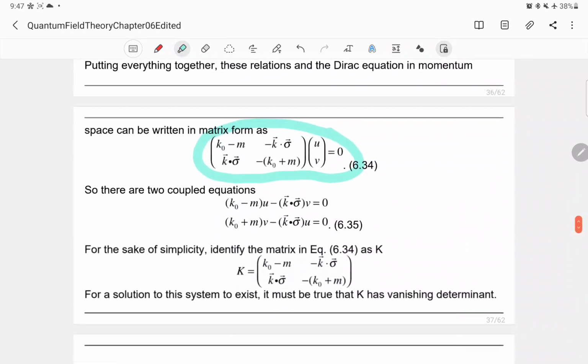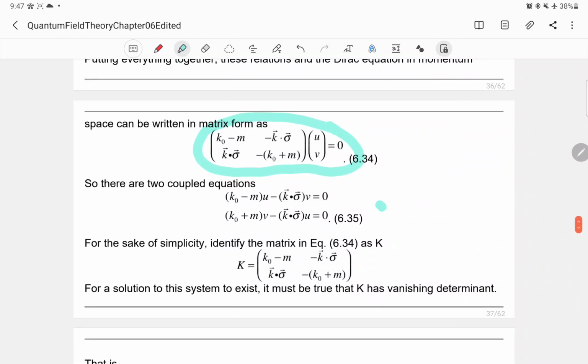These are just equivalent to two coupled equations if you do the operation of matrices. By the way, we can let this be k to simplify things. So for this to be true, the determinant of k must be equal to 0.